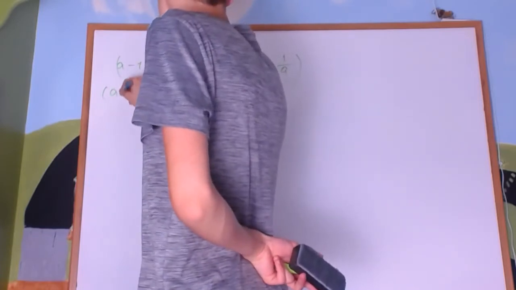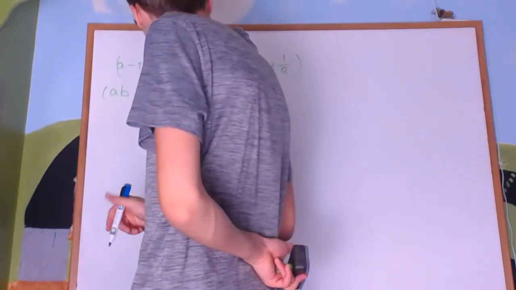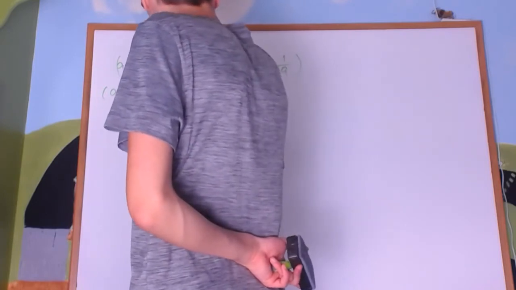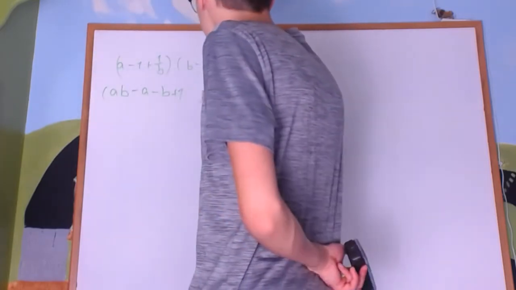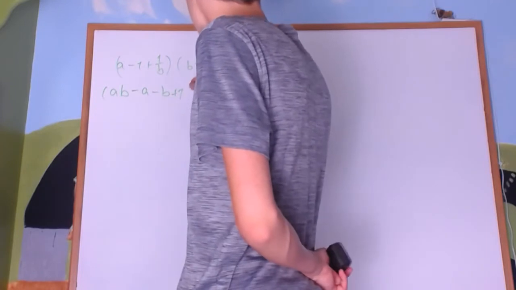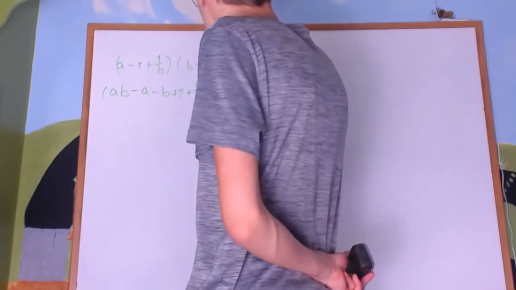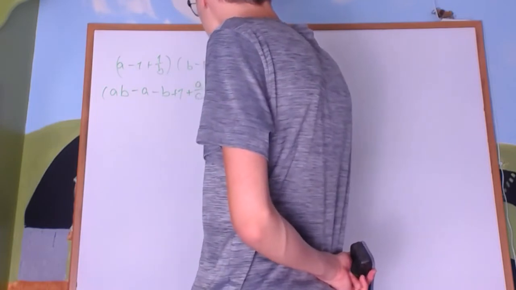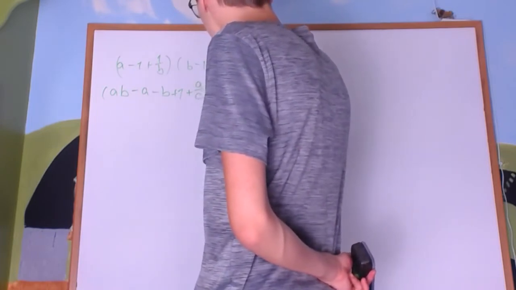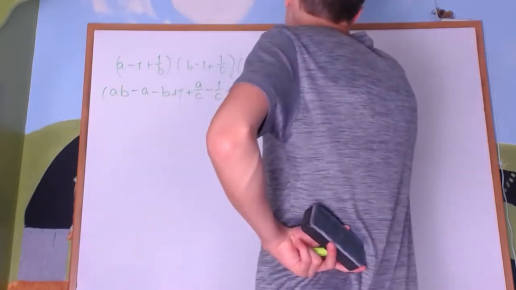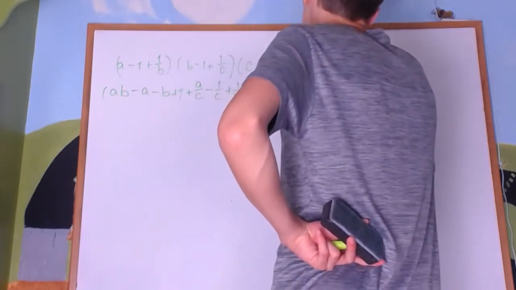Alright, AB minus A, minus B, plus 1, plus A over C, minus 1 over C, plus 1 over BC. Alright, this is going to take a while.